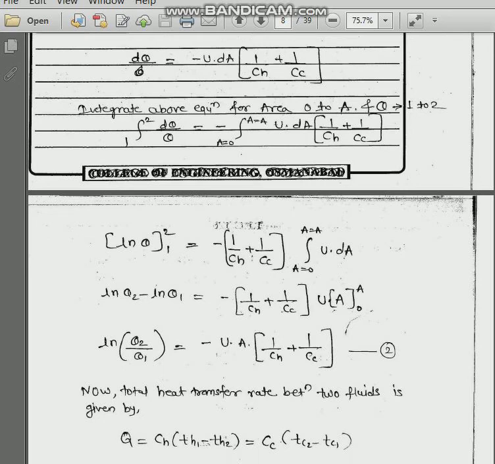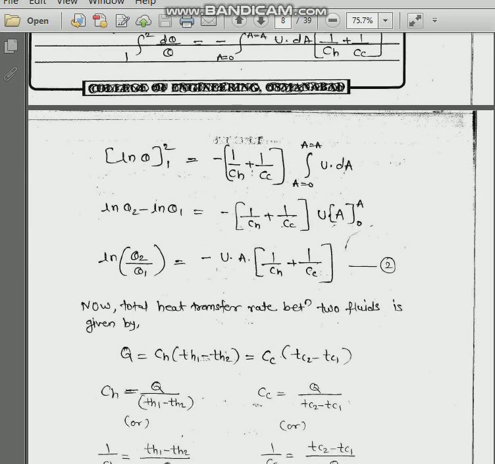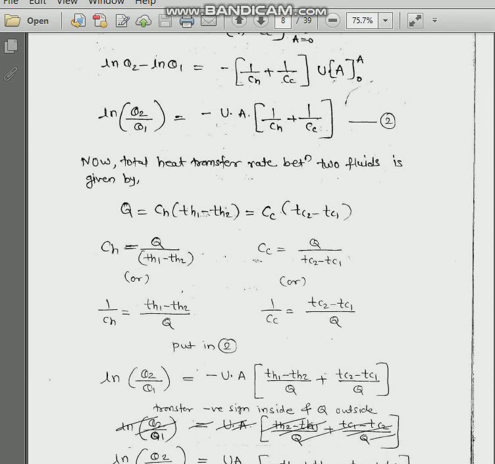Now if you see, the total heat transfer rate between the two fluids is given by, as we have already done the process, q is equal to Ch in bracket Th1 minus Th2, which is also equal to Cc, that is heat capacity of cold fluid, in bracket Tc2 minus Tc1. Now we can make some modification.